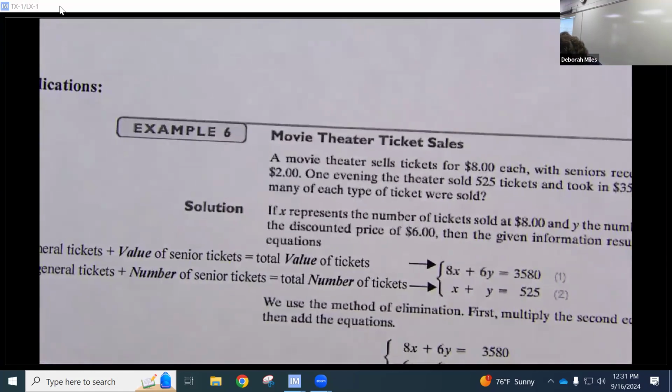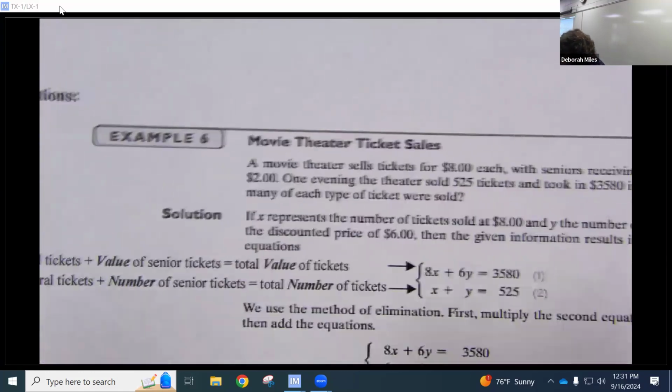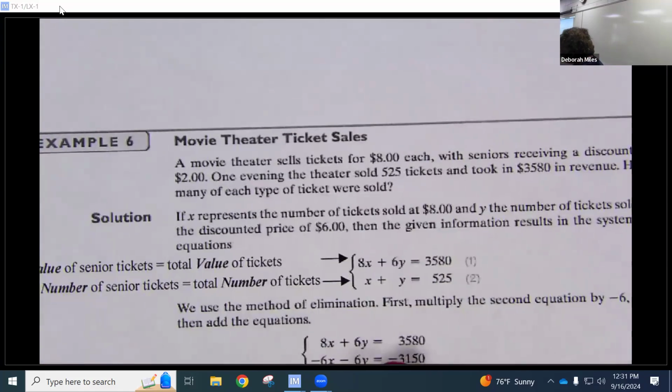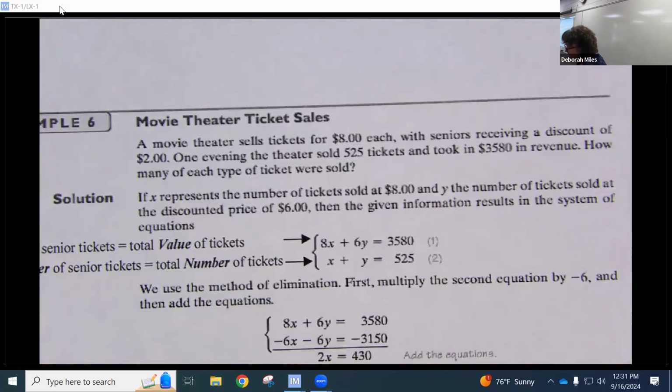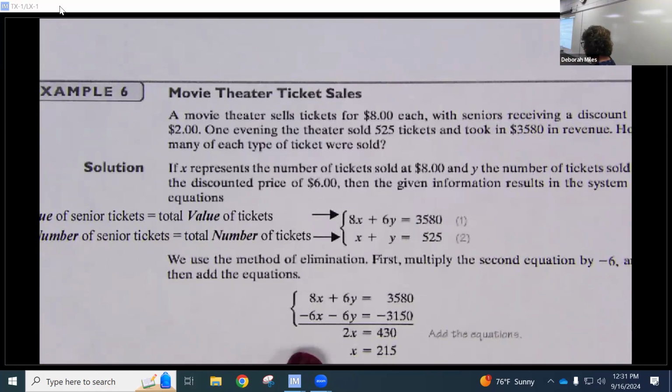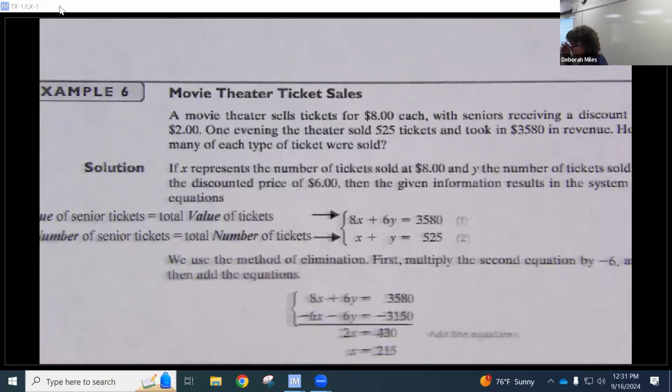To try to make it happen, I wanted to show you 3 different kinds of word problems, but there was one good example in the book. I thought I could save us time if I just copy that example and then we'll do the other 2. But I want to talk to you about this first example.